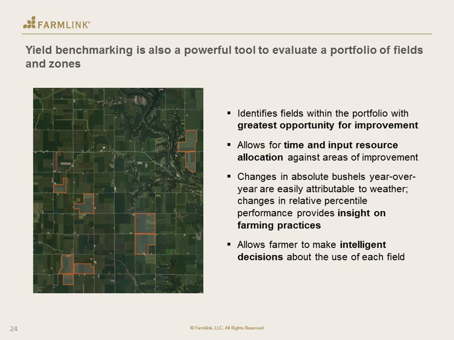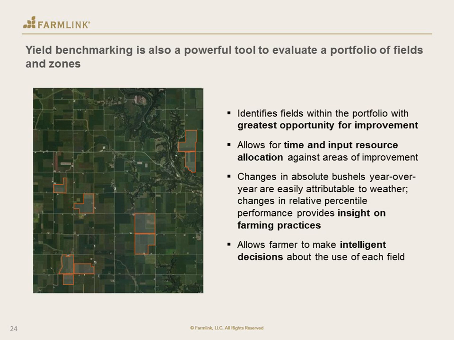Percentile performance benchmarking can also be powerful when analyzing a farm's entire portfolio of fields. Once percentile performance has been calculated for each field, one can quickly identify fields or zones within the portfolio that offer the most opportunity for improvement. Based on that plan, you can budget to ensure that you have enough people, machines, and money when and where you need them.